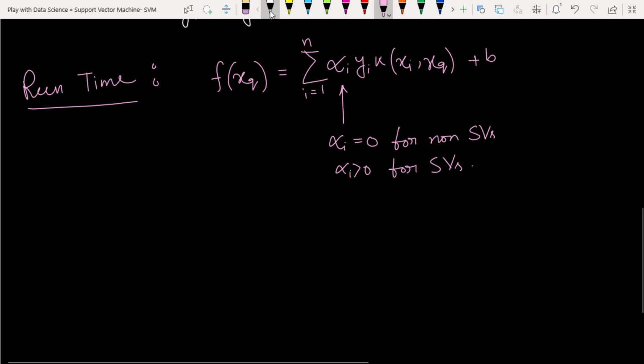So the runtime complexity of this algorithm depends on the number of support vectors.